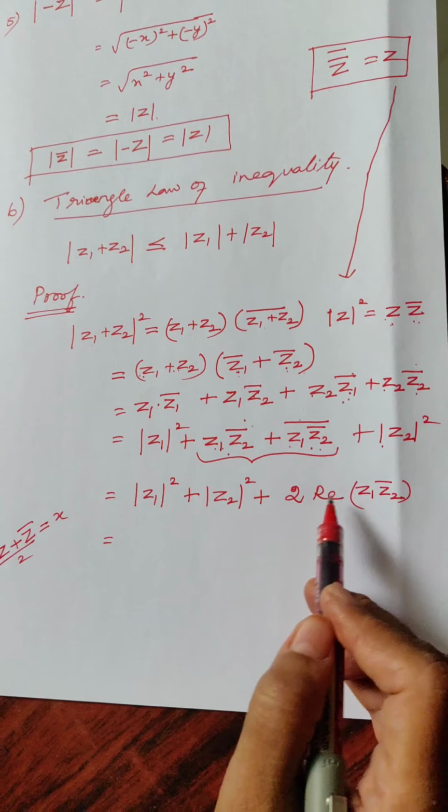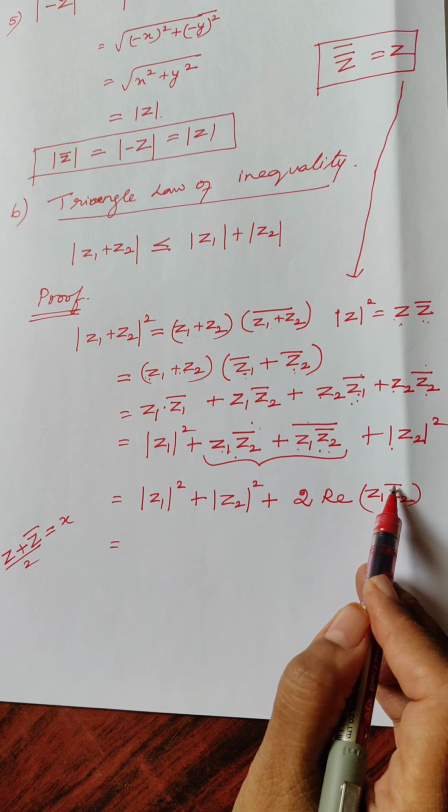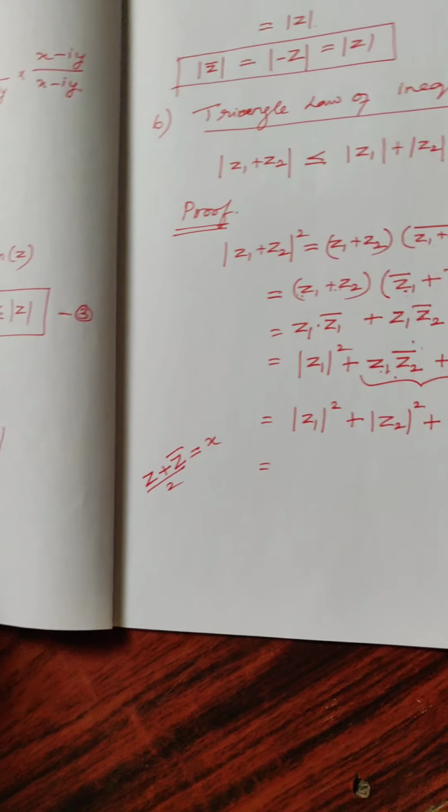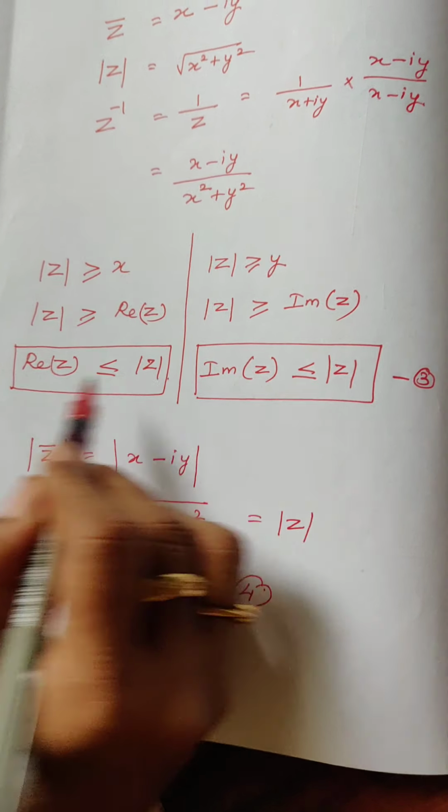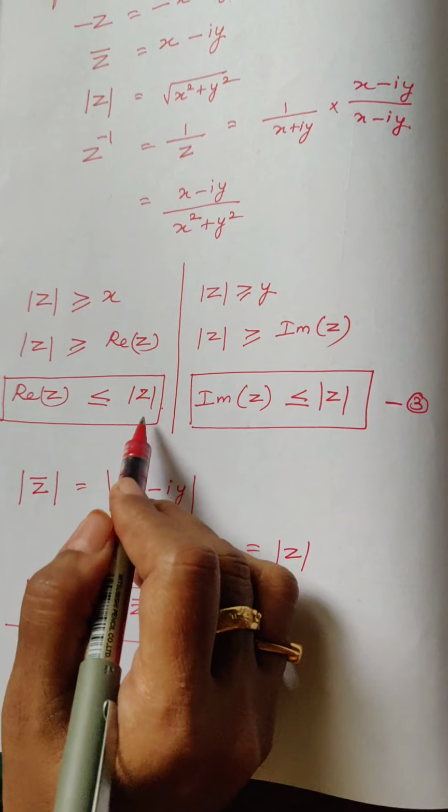See here, 2 times the real part of z1 z2 bar. I am using this concept. What is the concept? The real part of z is lesser than or equal to the modulus of z.